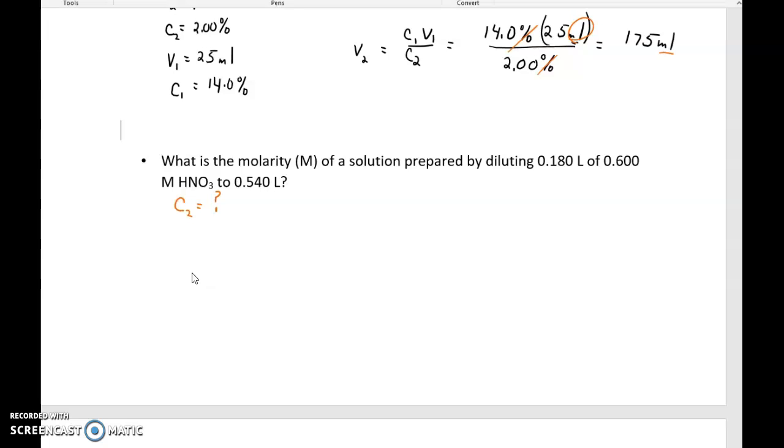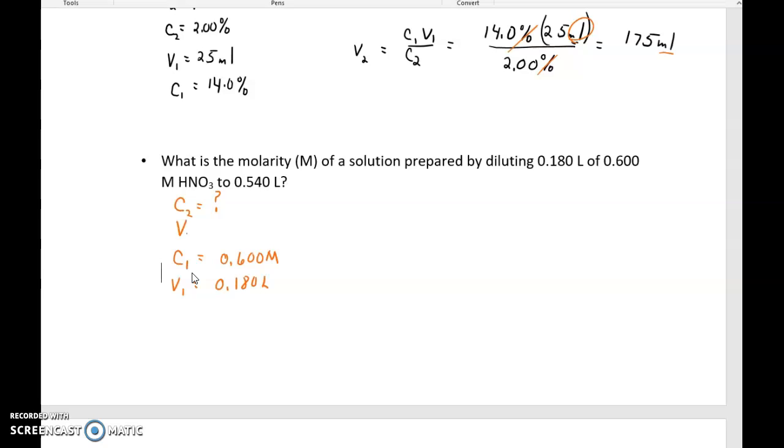We're diluting this stock solution, and the stock solution we're told is 0.600 molar, and we're going to use 0.180 liters.